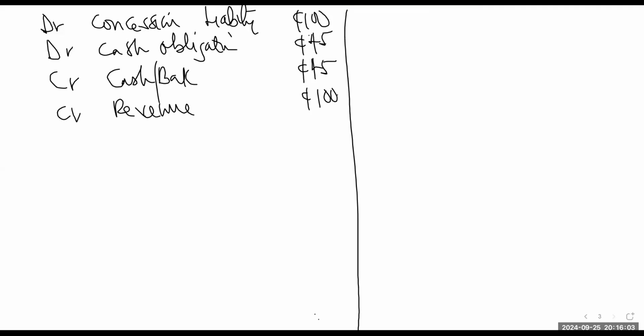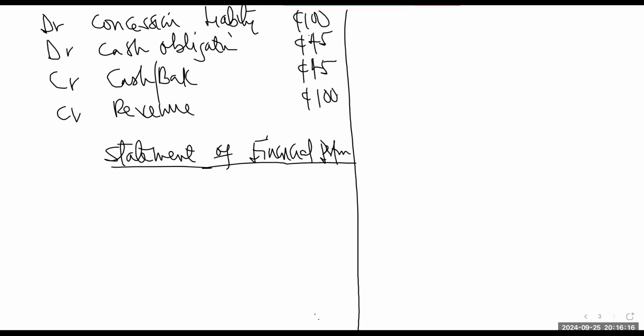So let's come to our statement of financial performance. We have the revenue, which you can classify as grant or other income, depending on what the question tells you. That will be 100 million, isn't it? Yes, sir.